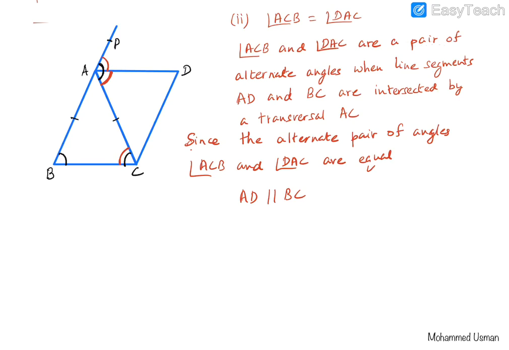So AD is parallel to BC, and we are also given that AB is parallel to CD. This is given in the question, and therefore we have the two opposite sides of this quadrilateral parallel to each other.